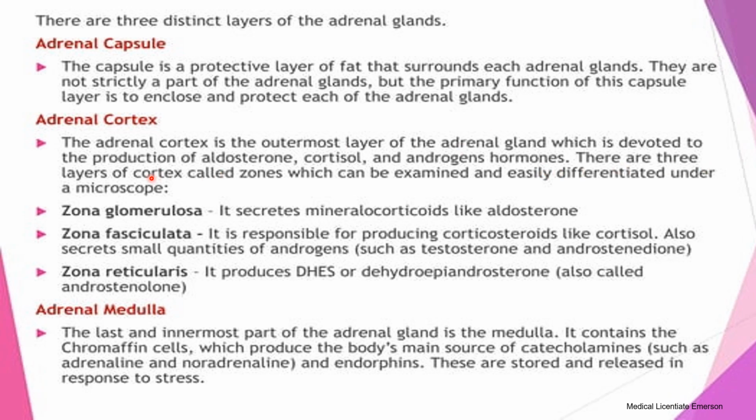Then there are 3 layers of the cortex called zones, which can be examined and easily differentiated under a microscope. So the adrenal cortex in short has 3 layers, but we refer to the 3 layers as zones, using the term zona.